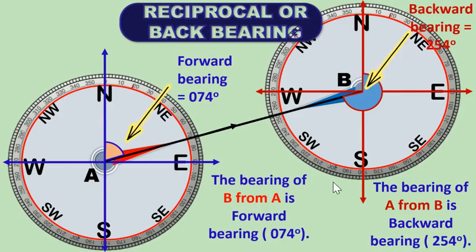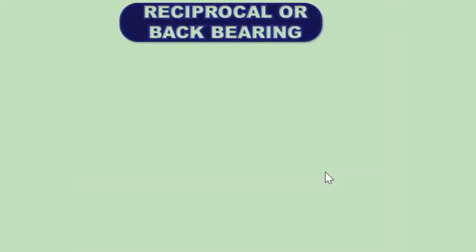So now, next, we're going to see how they are related, reciprocal or back bearing. The backward bearing is equal to forward bearing plus 180. That means if you stay at A and you're looking at somebody at B, that is a forward bearing.